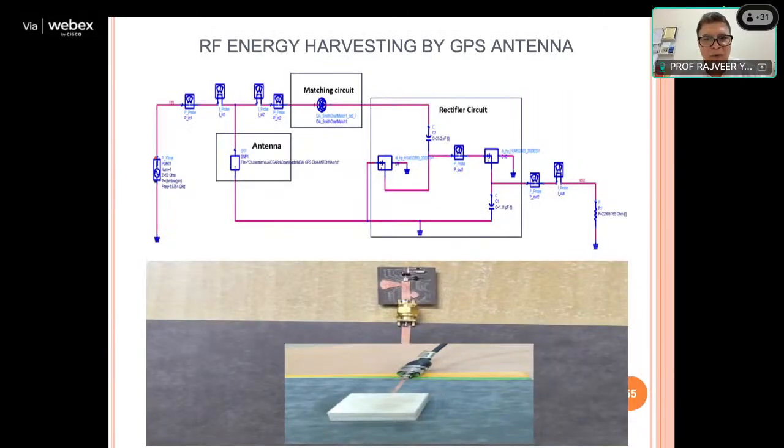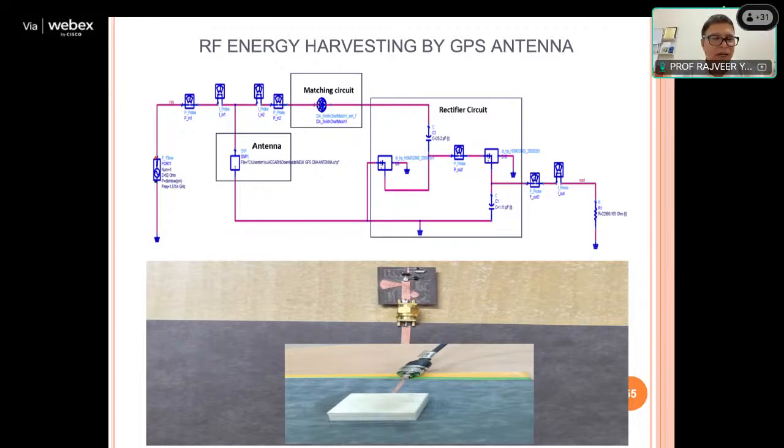One more beautiful work which we have taken up is using these multi-band GNSS antennas to harvest RF energy, which is available around the clock, because GNSS frequencies are available round the clock.